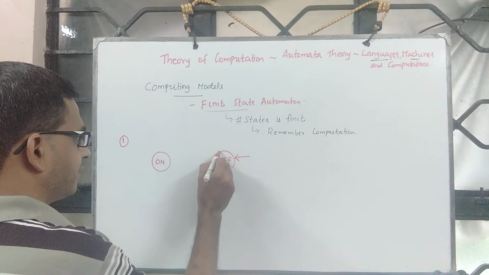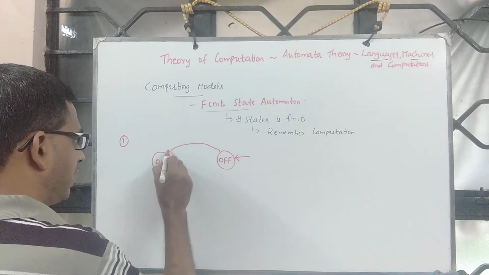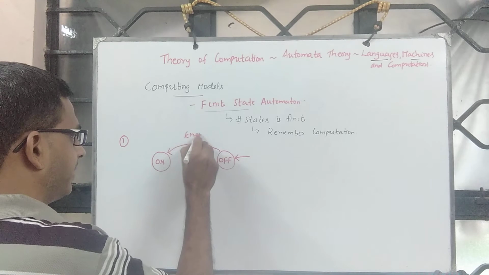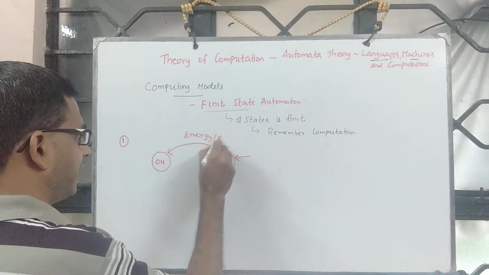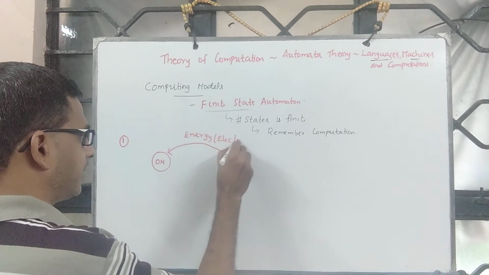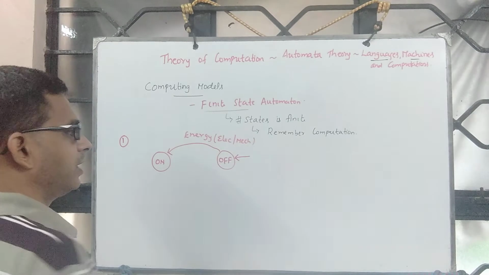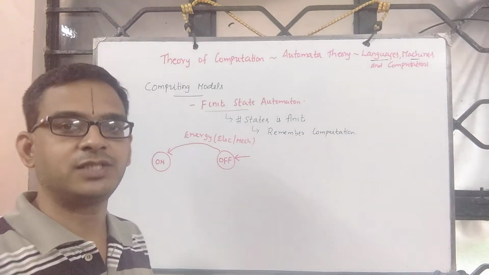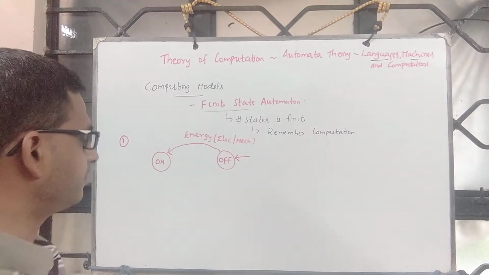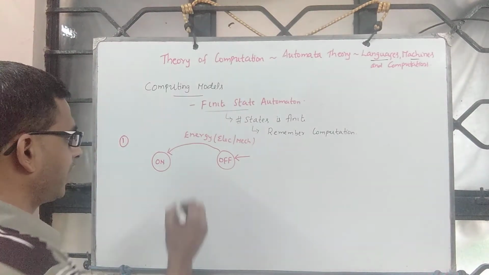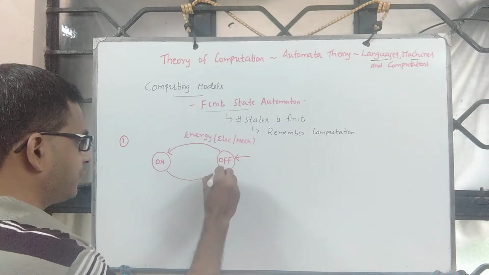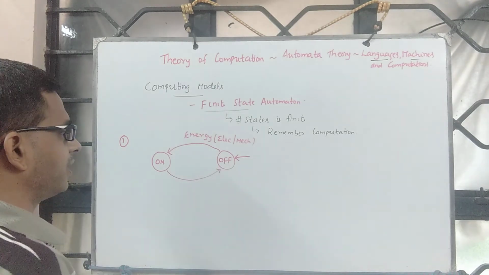You supply some energy, it could be electrical energy or mechanical energy. The machine starts operating, or some device starts moving, or some change you get to see. And when we pull back the energy, it comes back to the off state.